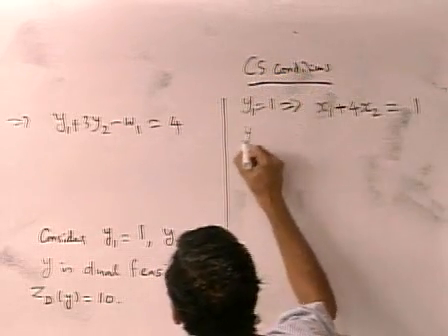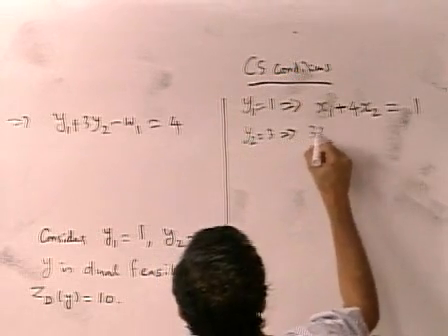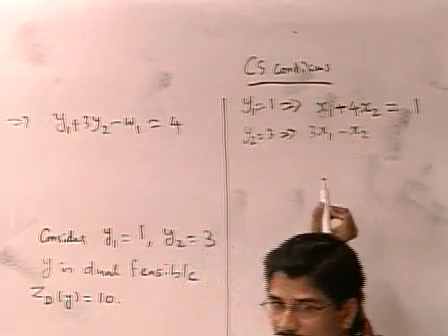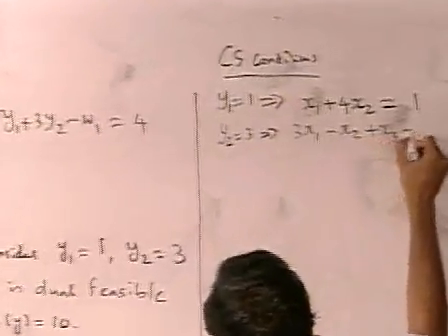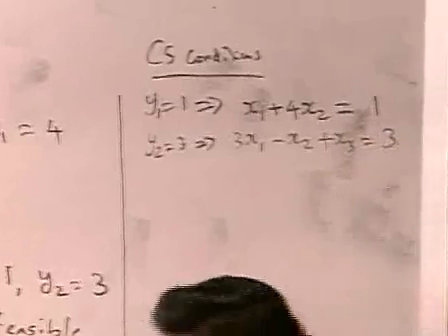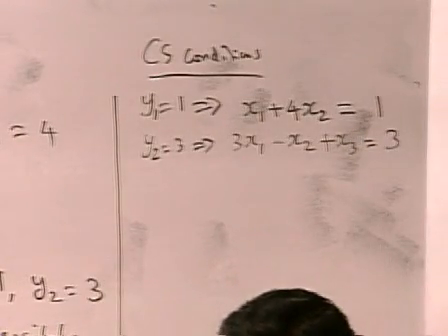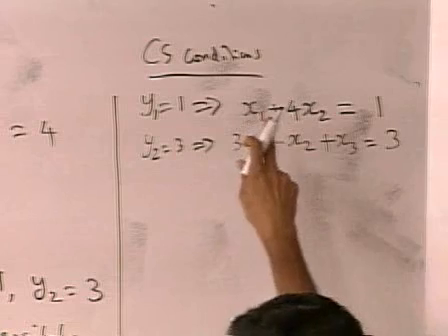Similarly, y2 being 3 implies 3x1 minus x2 plus x3 equals 3. Is everyone happy with this?